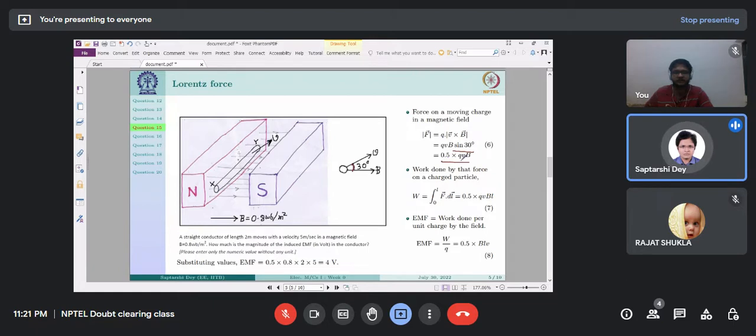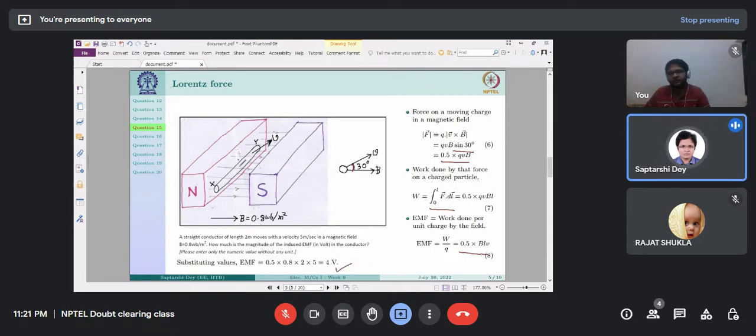So we have force as half of QVB, and then proceeding the same way we have work done as force times unit length and EMF as work done per unit charge. So we get half of BLV, half of what we got last time, and thus we get the EMF between these two terminals X and Y as 4 volt.